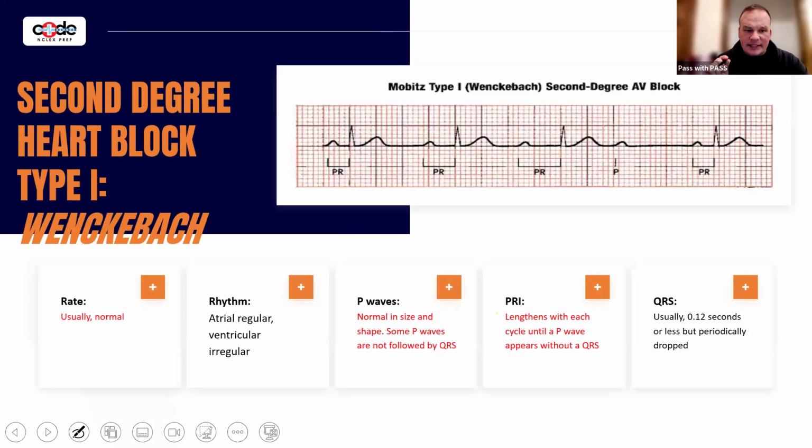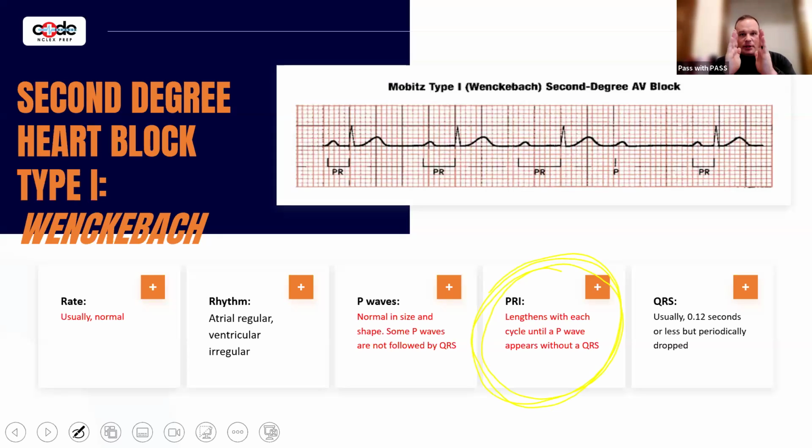Now, a second degree type 1 heart block is a Wenckebach block. Okay. And we're going to look at a few examples of this, a few practice strips as well. So with a Wenckebach block, let's look at the PRI. The PRI lengthens with each cycle until a P wave appears without a QRS complex.